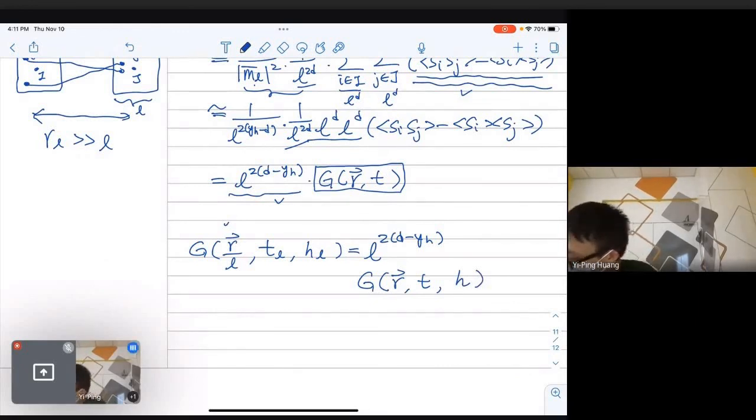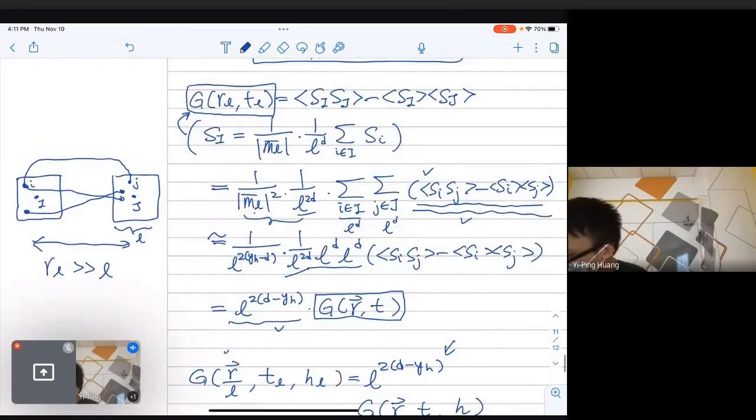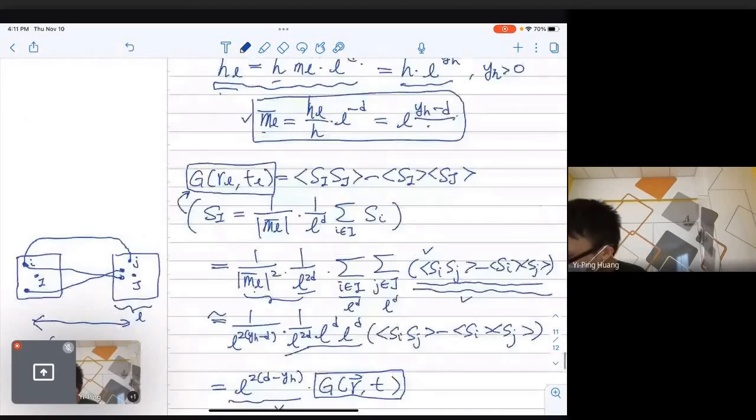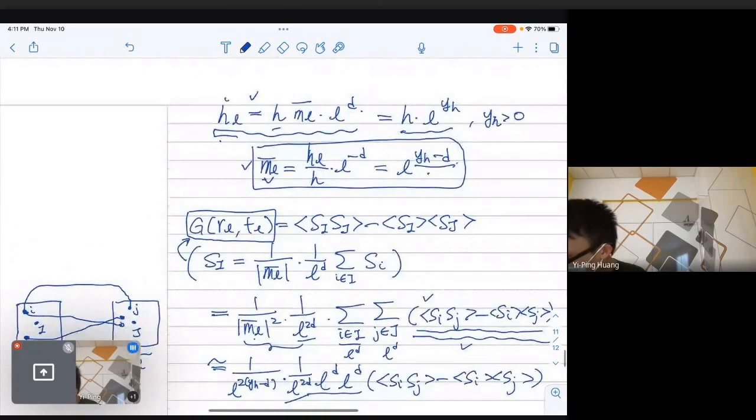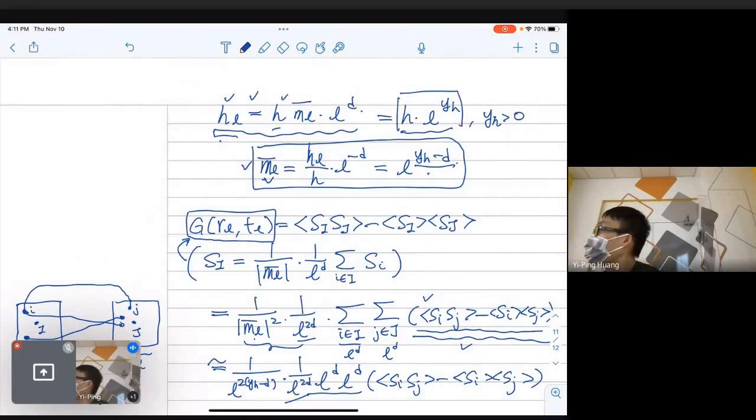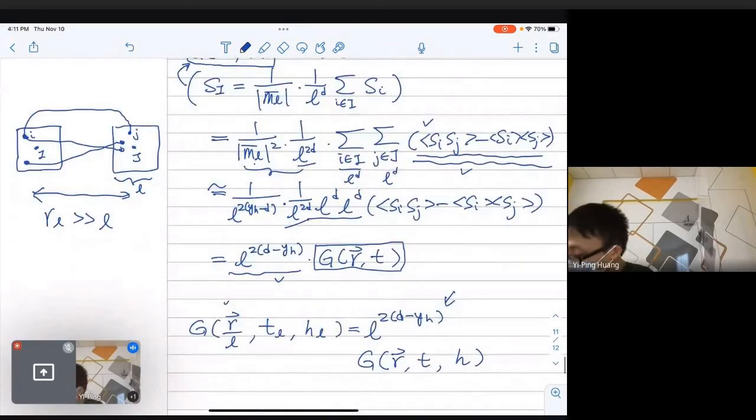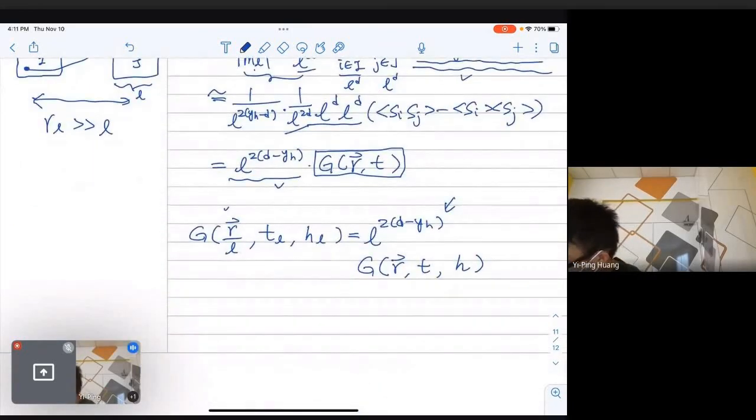So how we get this power is by inserting the fact that we know how M_L and we know how h_L and h are related, and we assume that h had this particular power law form assumed by the second assumption of Kadanoff. So now we can also try to insert the assumptions by Kadanoff here.